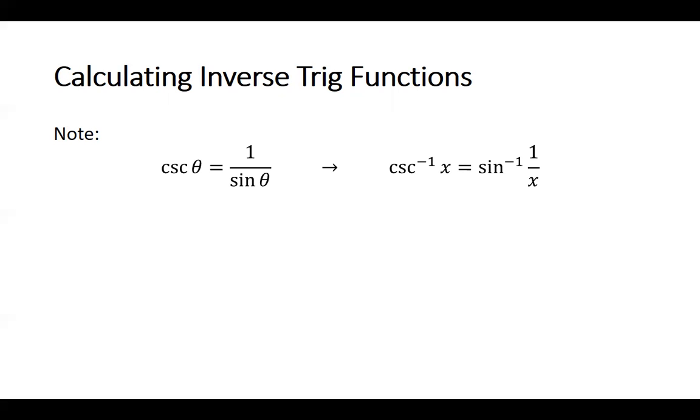So they're reciprocals. You flip them over. So if we want to use the inverse sine to calculate, we need to take the reciprocal first of our ratio. Then we take the inverse sine.